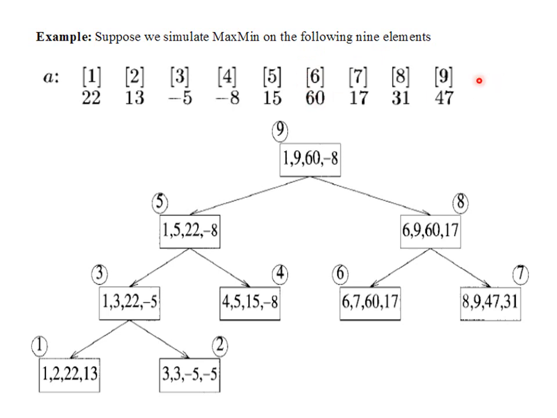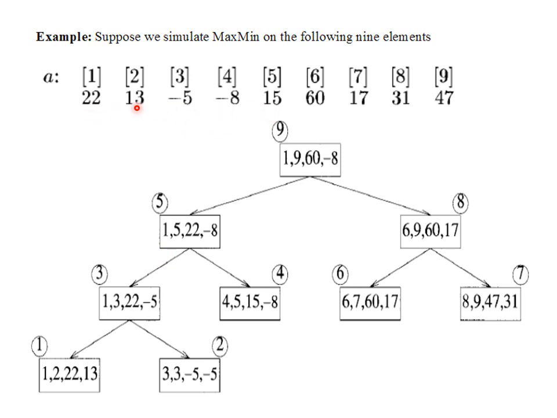That is 1 to 5, and among 1 to 5, 22 is the maximum and minus 8 is the minimum. The second list contains 4 items, so the maximum value is 60 and the minimum value is 17, and the index value starts from 6 to 9. Now among these 5 items, it is greater than 2, so we divide into 2 parts.